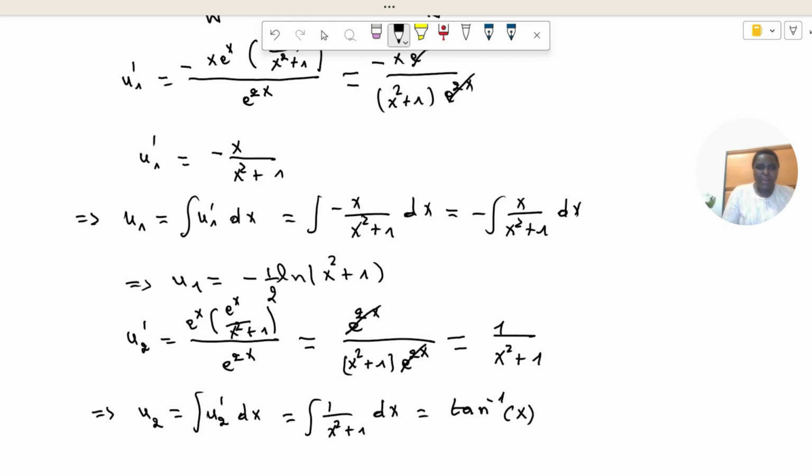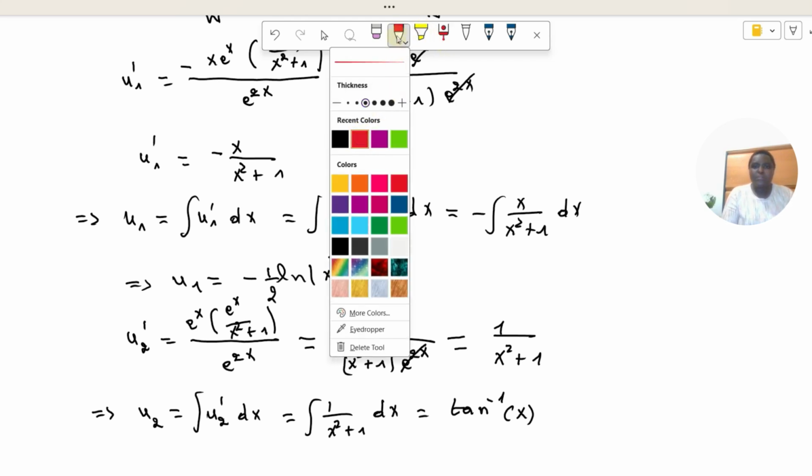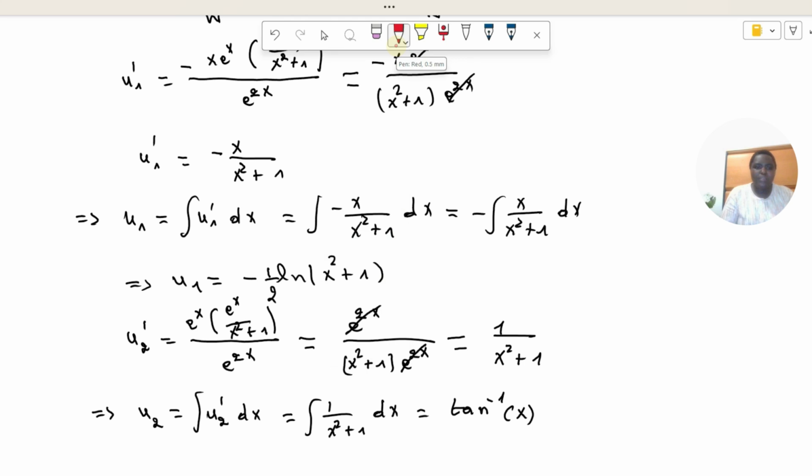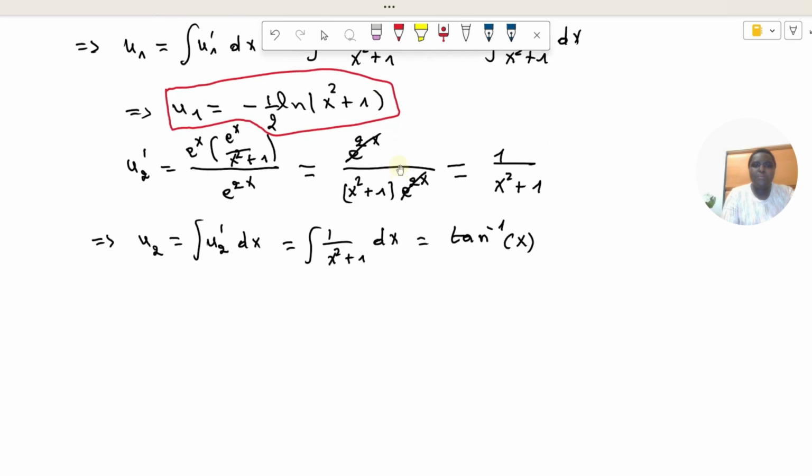So we have u1 equal to this, and we have u2 equal to tan minus 1 of x.